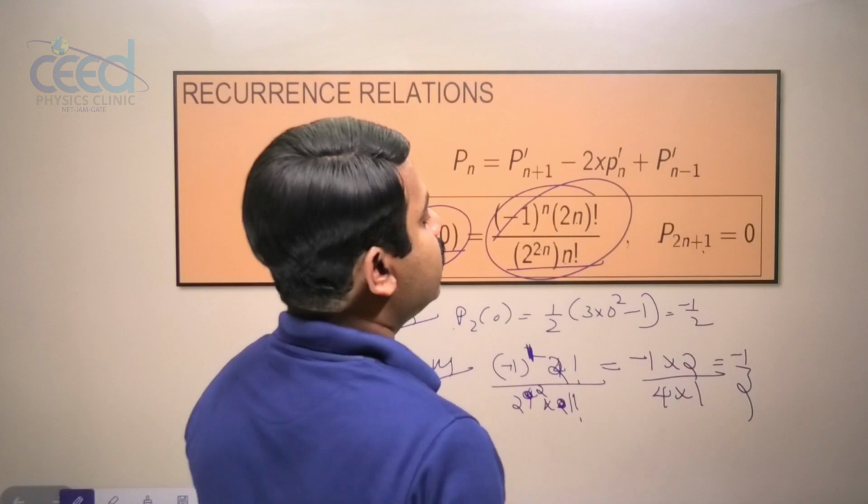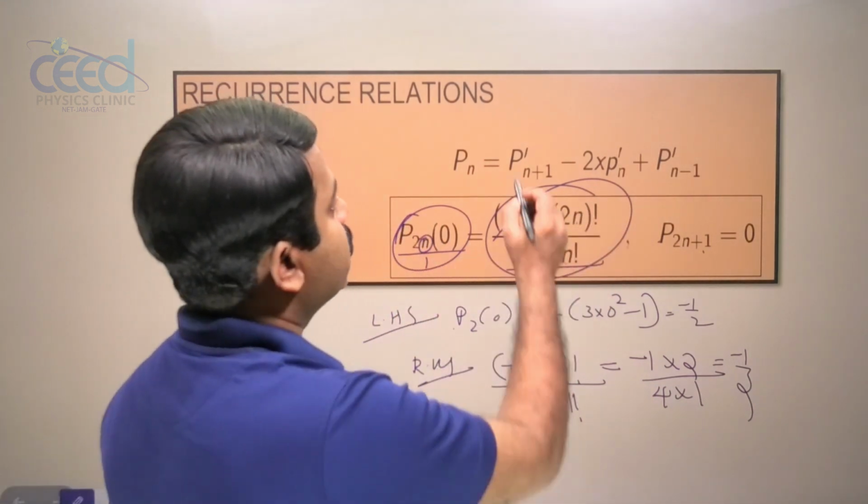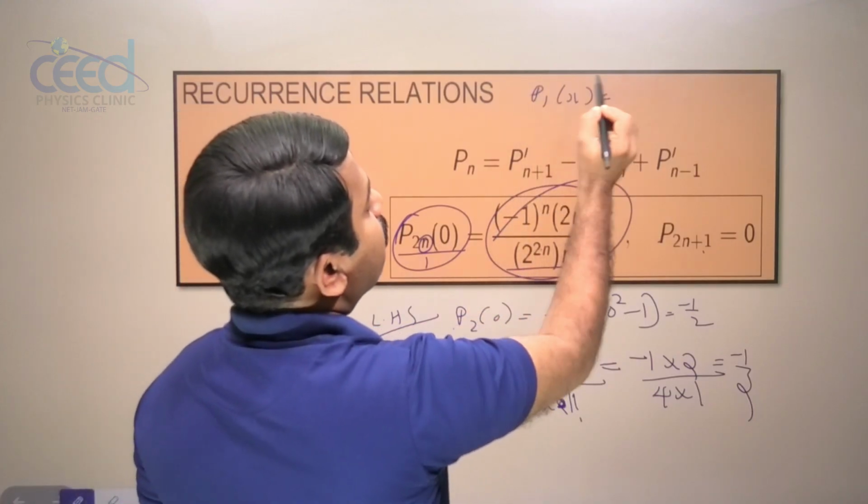Now P2n plus 1 is 0, that is generally what we discussed starting onwards, because P1 of x what?